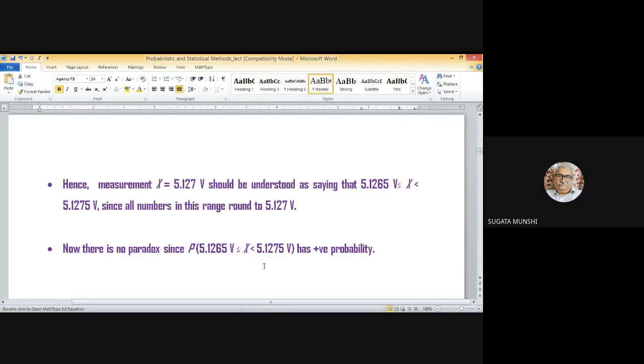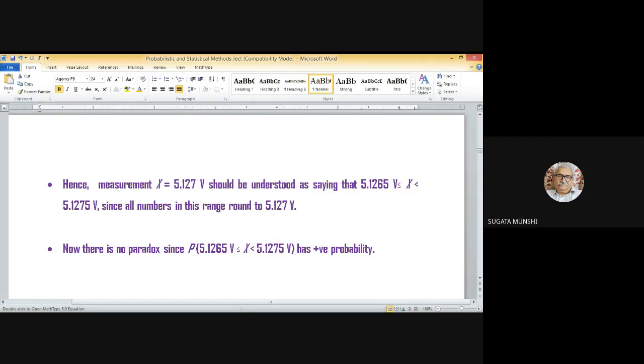But think in this way: if we have another voltmeter that can read up to the fourth place of decimal, then this particular assumption will get disturbed.